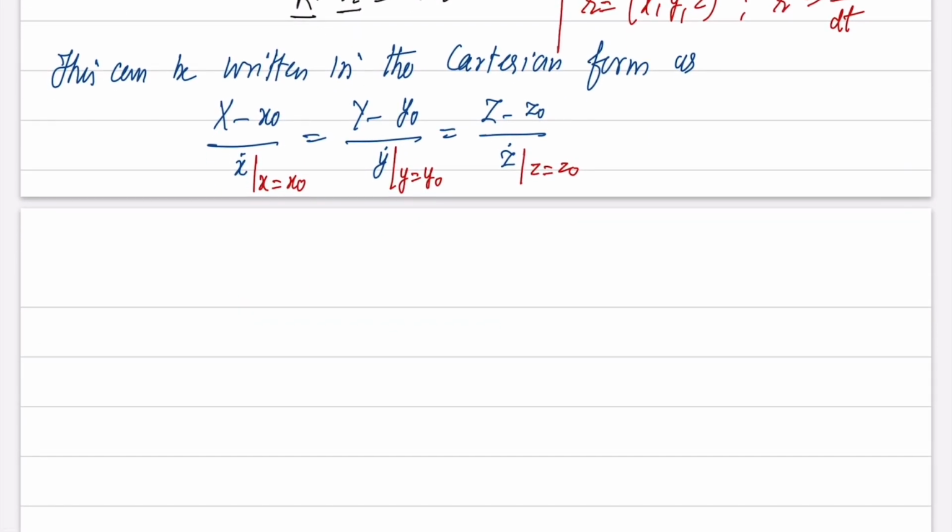But now we can have the curve given as the intersection of two surfaces also. So that will be our third case.